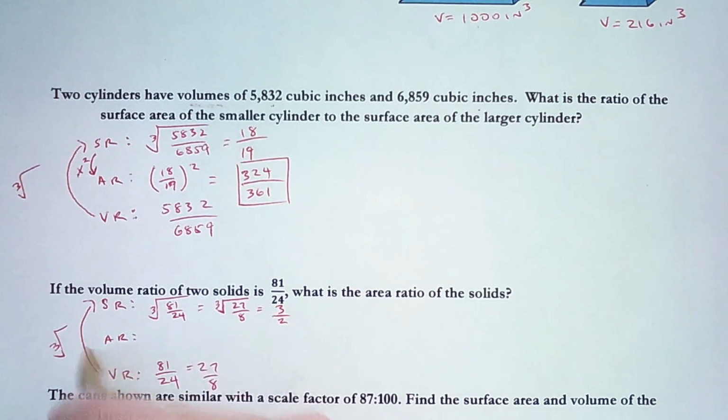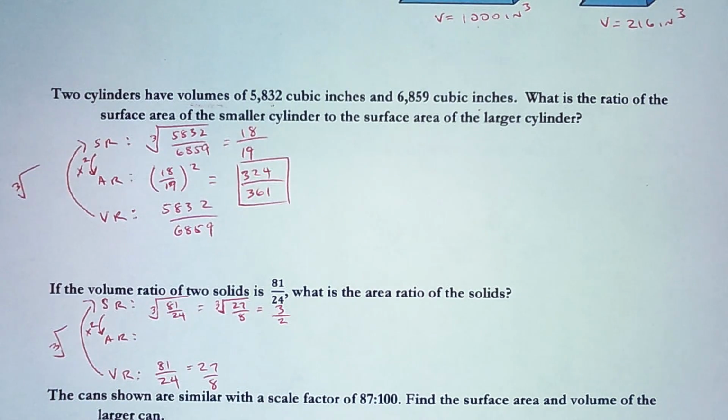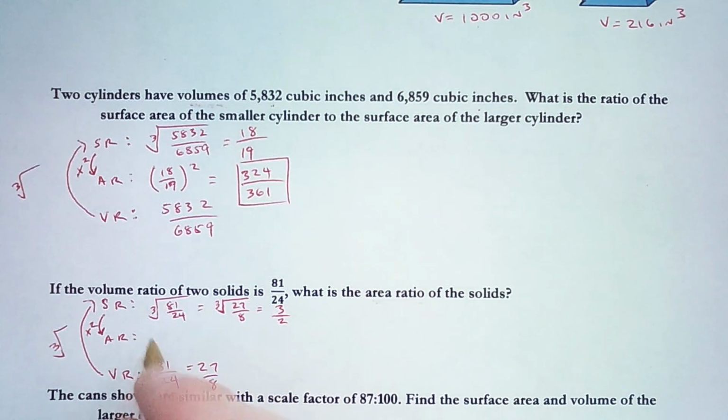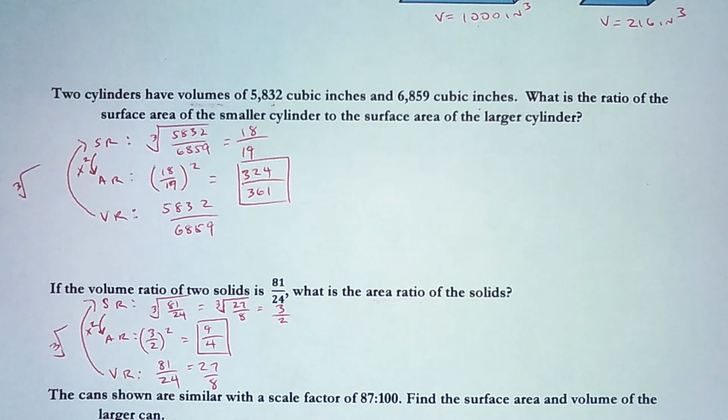I took a cubed root to get a over b. Now I will square that to get a squared over b squared, and that is going to be the area ratio. I can probably do that without a calculator. So I've got 3 over 2 squared. 3 squared is 9. 2 squared is 4. 9 over 4 is the area ratio.